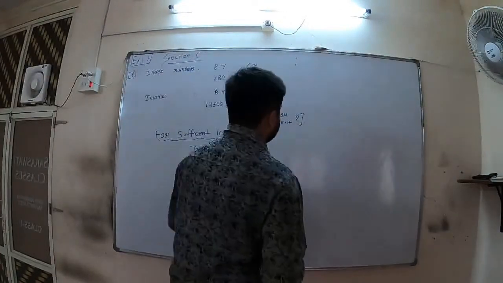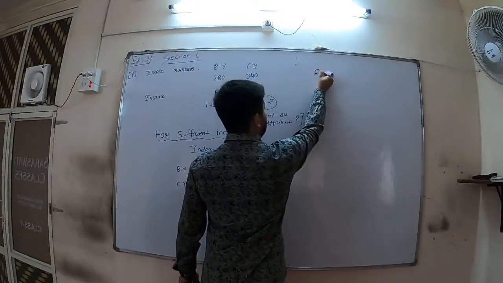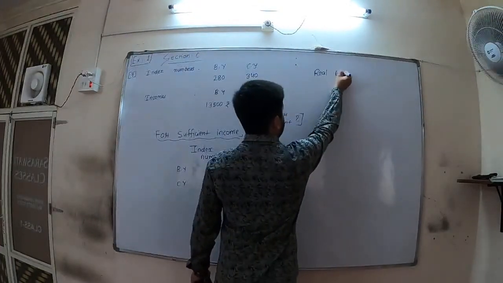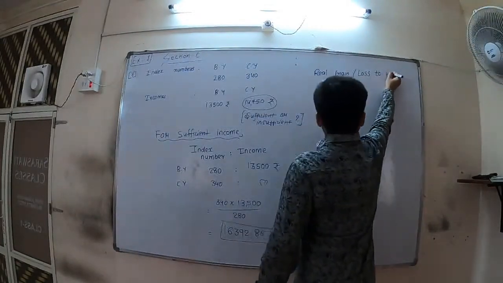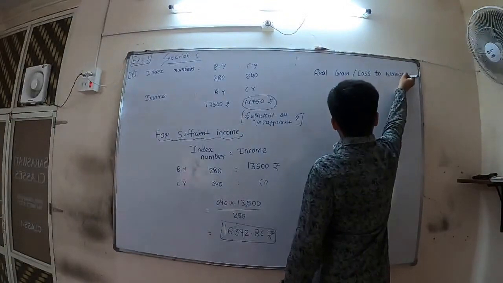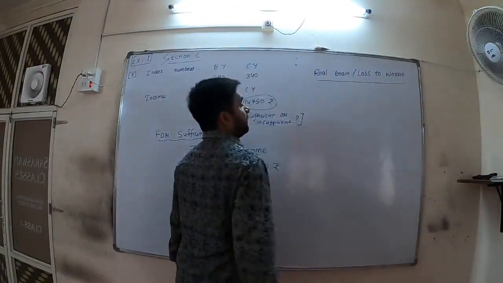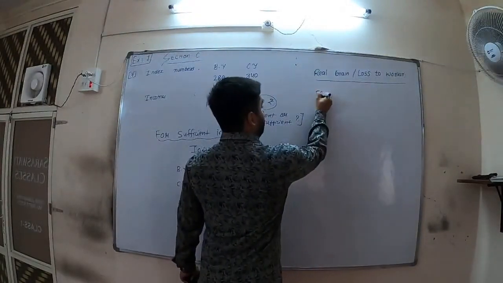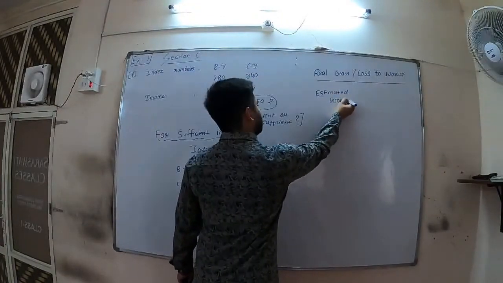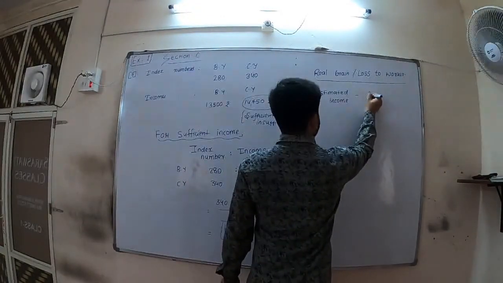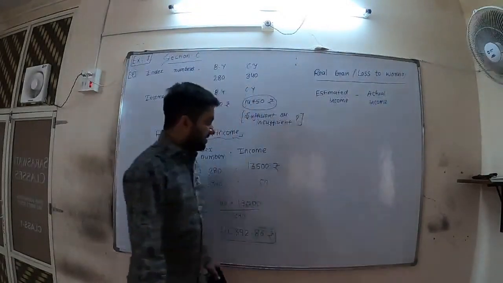Now, what we need to write here is real gain or loss to worker. Estimated income minus actual income. What is the estimated income?